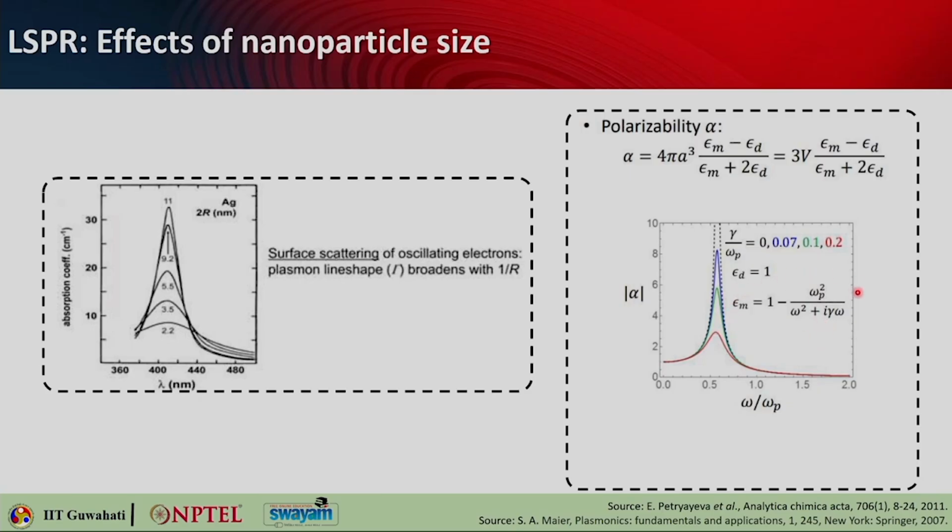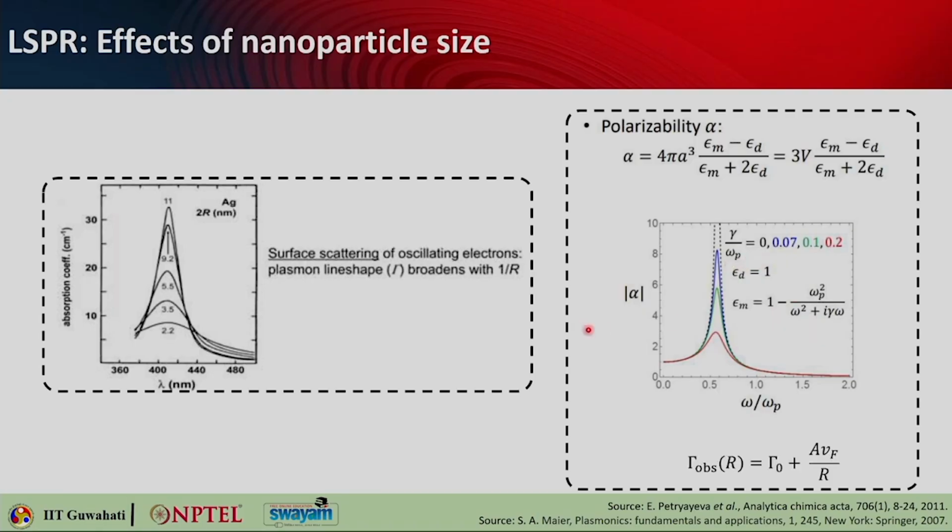If you write down the permittivity of the metal like this, 1 minus omega p squared over omega squared plus i omega gamma, gamma is the damping constant. Here it is shown that as gamma increases, the resonance gets shorter, meaning weaker and broader, and the broadening is directly associated with the damping.